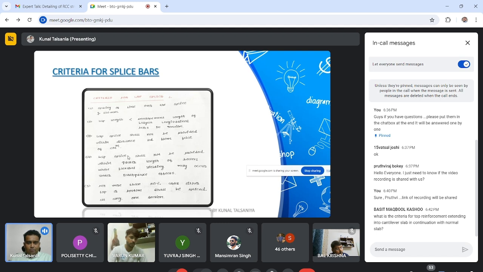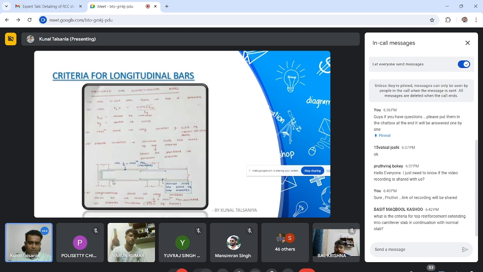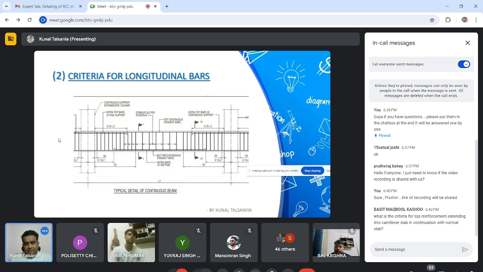Lap splice shall not be provided within quarter length of the beam where flexural yielding may occur. This is the same. Not more than 50% of area, either top or bottom, shall be spliced at any one section. I will explain. If you have provided 4 bars in top and 4 bars in bottom, you cannot splice 4 bars at a time at one section.